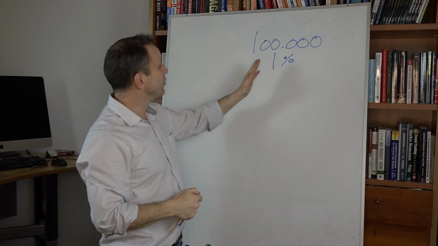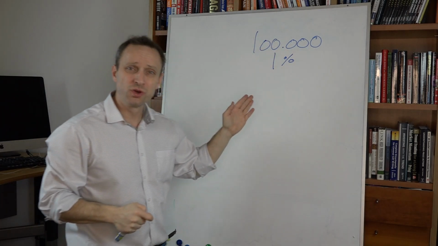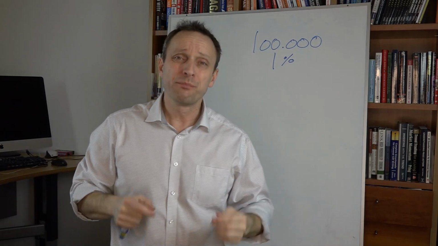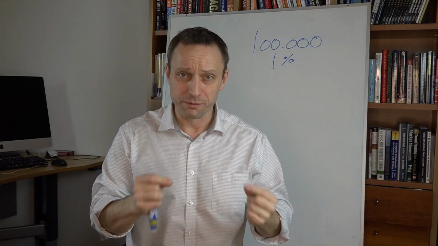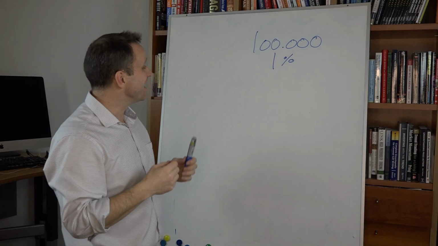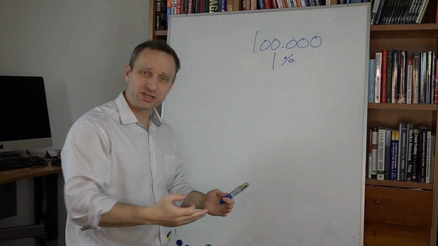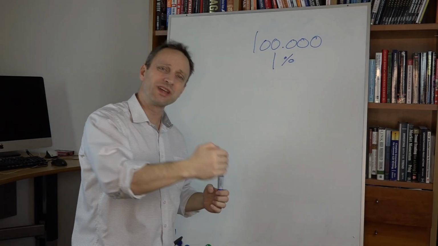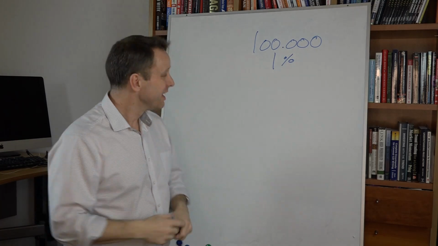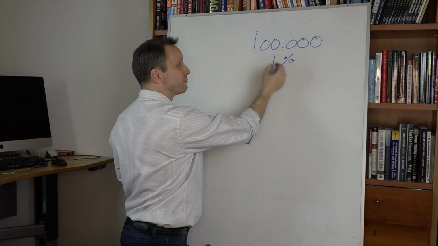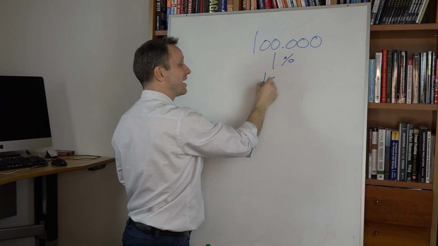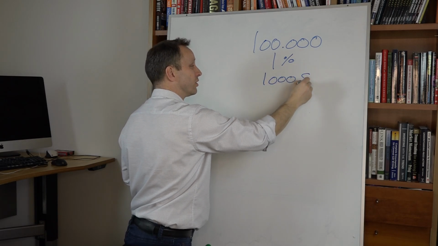It's not that you can only put 1% of your money into one trade, but you can only risk 1%, meaning that if the stock goes against you, if the price goes down and your stop loss is hit, then you will only be losing 1%. And in this case, of course, that is $1,000.